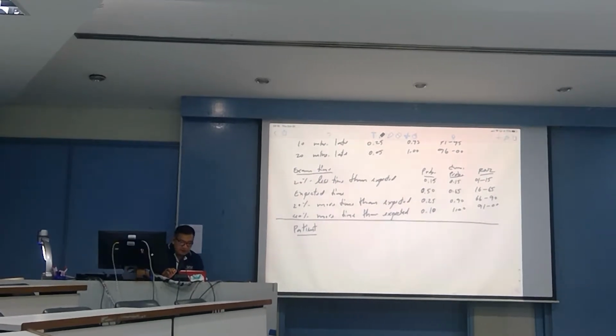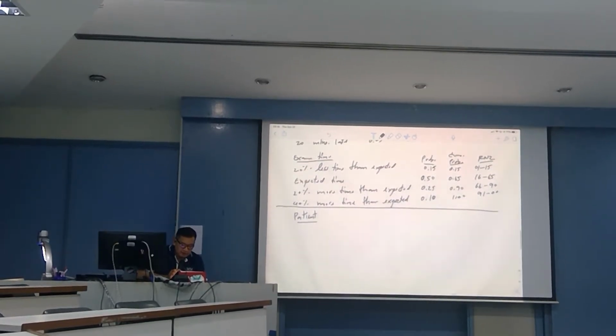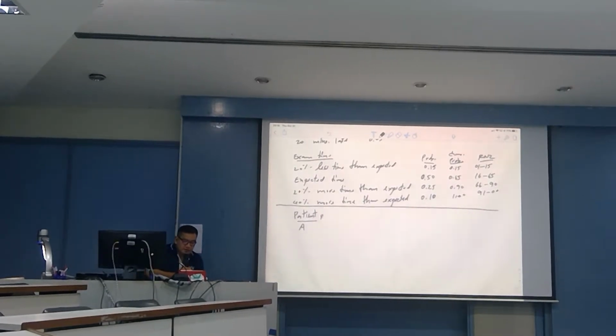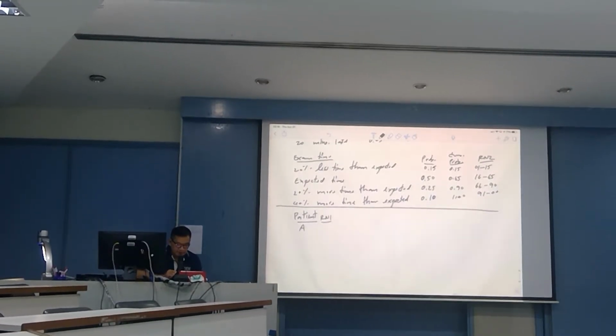I'm gonna use A, B, C, D, E, F, G, H to represent the names. First one is Adam, or A. So we try to find the number for Rn1 first.